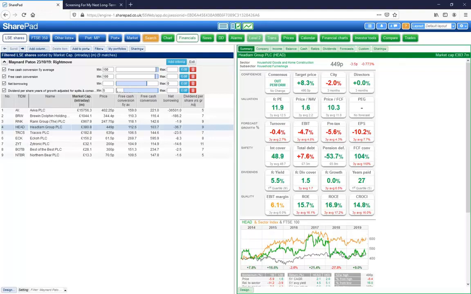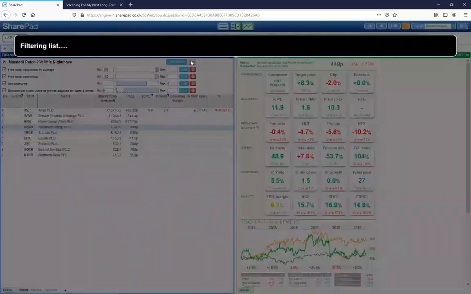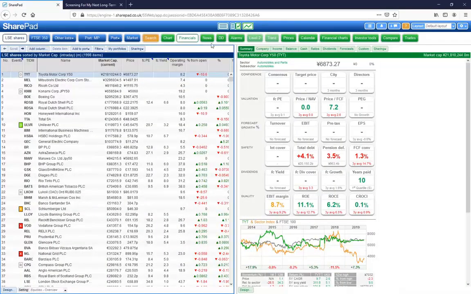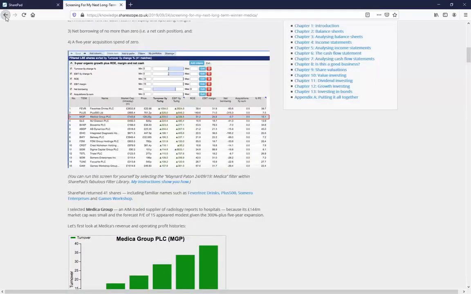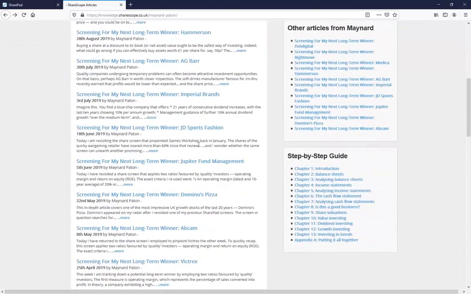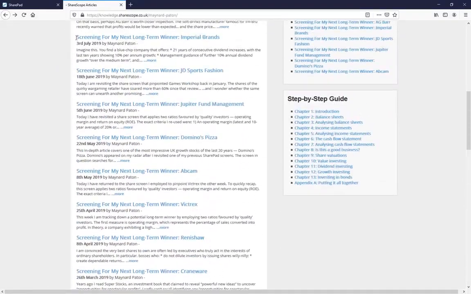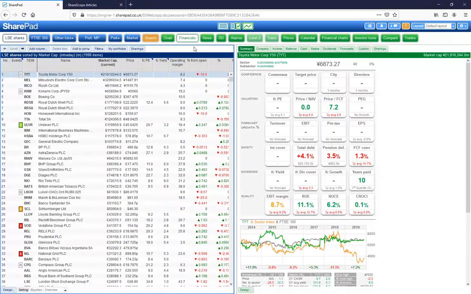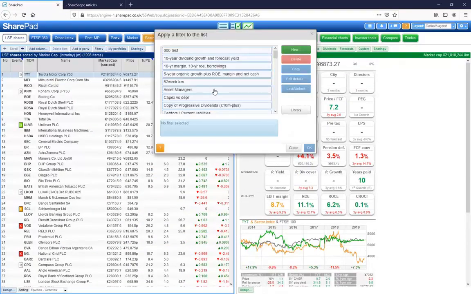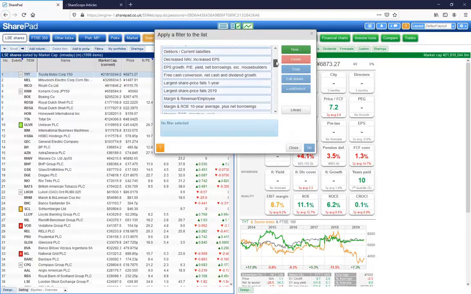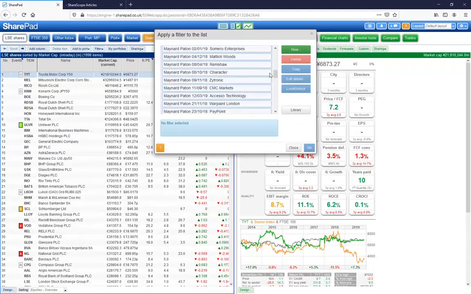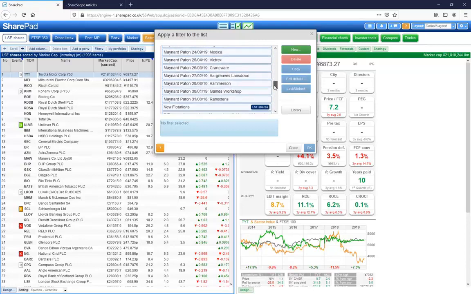Andrew Latto writes, lots of filters, do you have a favourite to find stocks? Not really. On filters generally, you should experiment with filters. I'm always experimenting. All my articles here have different filters, though I sometimes reuse the same ones. If I go to filter and apply, this is my own account, so I've got all these different filters where I'm testing, and the ones I've used for articles.